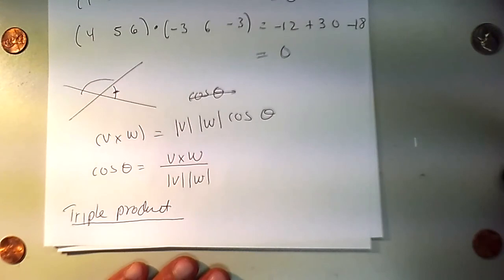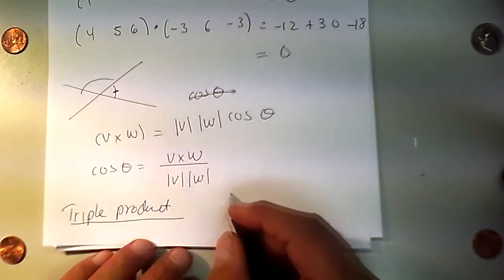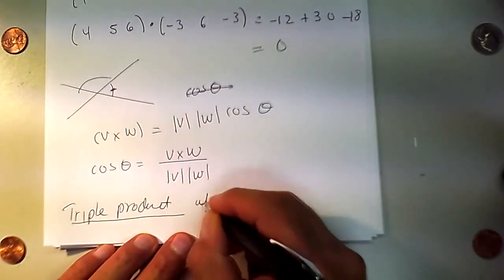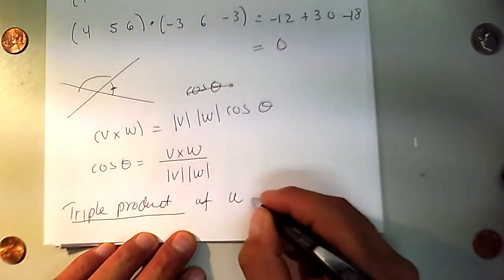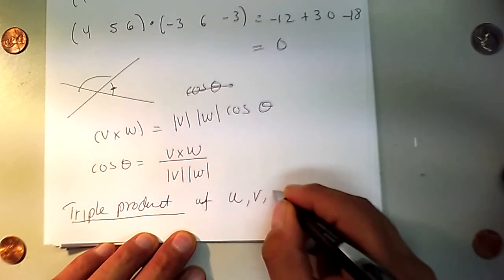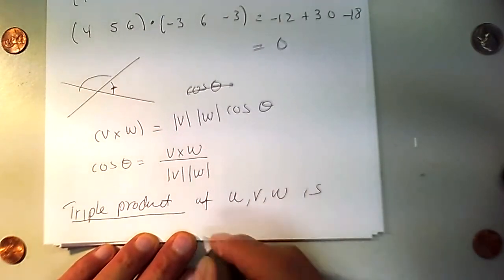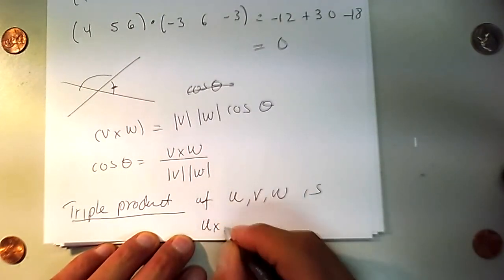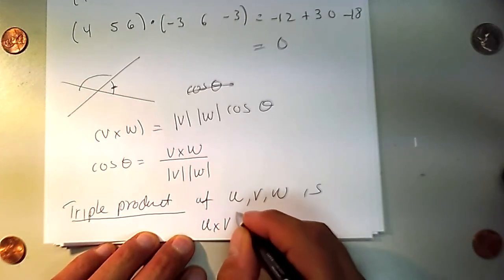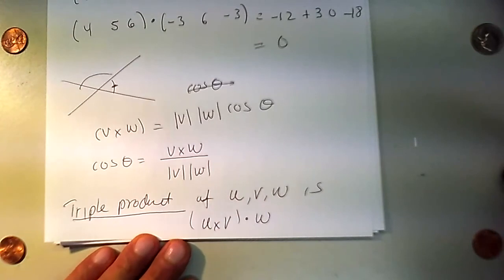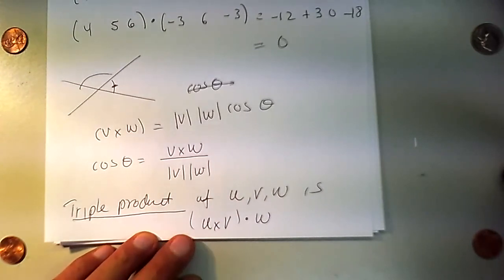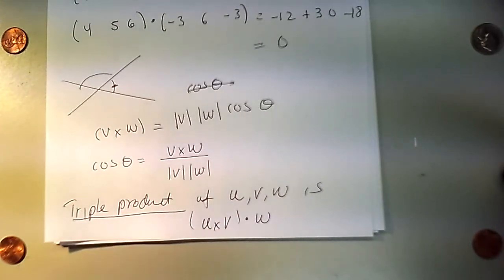I'm going to let you read that, but the triple product of the vectors u, v, and w is u crossed v, and then dotted with w. So that is the triple product. And I'm going to let you read that. And we're going to close this video here.